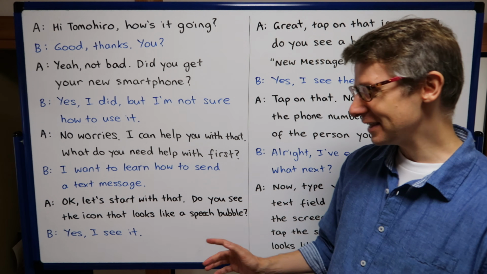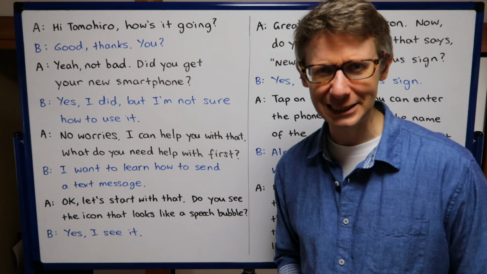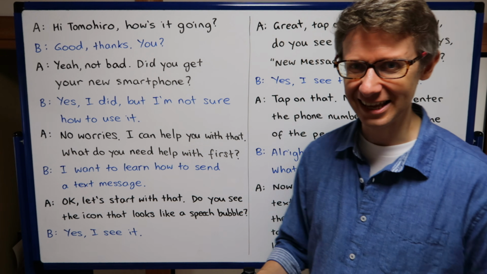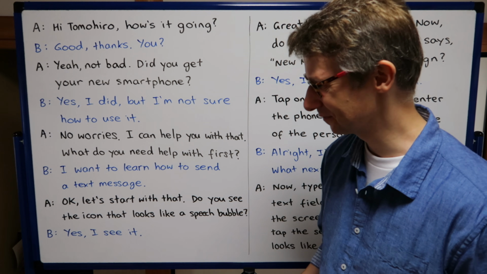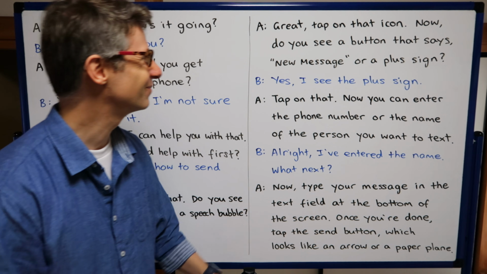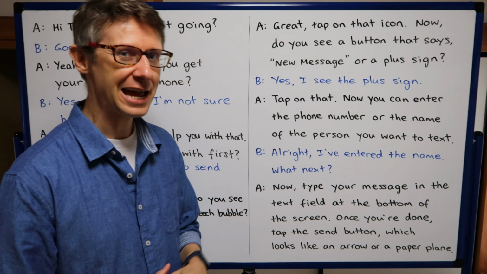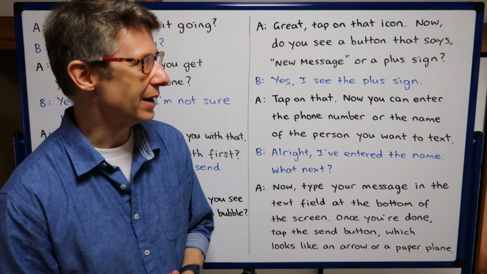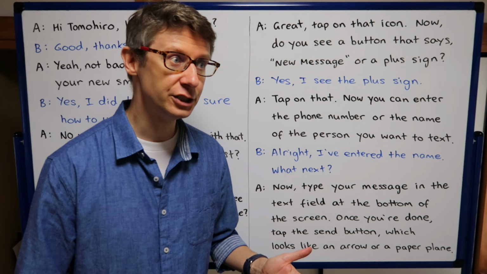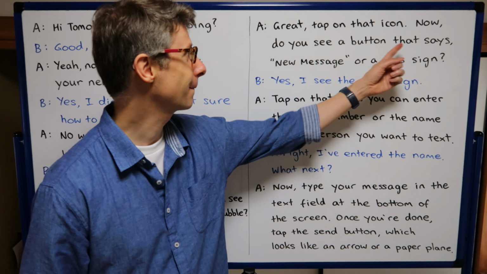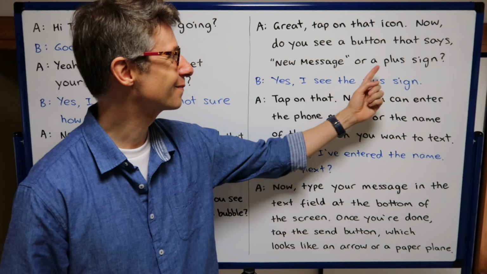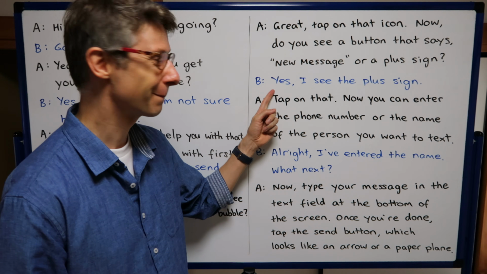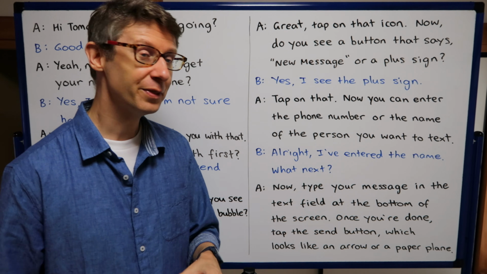Do you see the icon that looks like a speech bubble? Yes, I see it. Okay, switch sides. Great. Tap on that icon. Now, do you see a button that says new message or a plus sign? Yes, I see the plus sign. Tap on that.